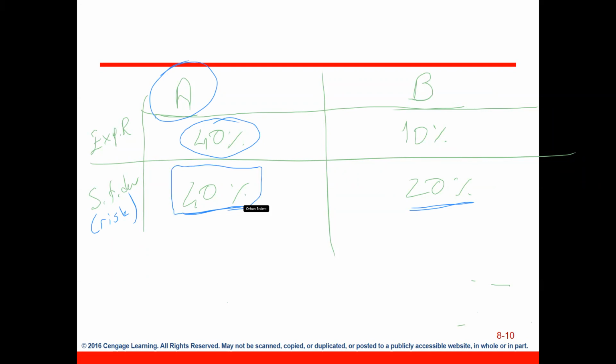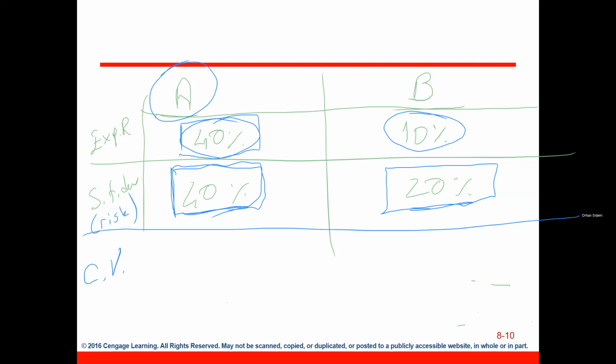The risk is 40% and the expected return is 40% too. But stock B, even though it looks less risky, provides an expected return of only 10%. So we calculate the coefficient of variation, which is risk divided by expected return. 40% over 40% gives you 1 here, and 20% over 10% gives you 2 here.